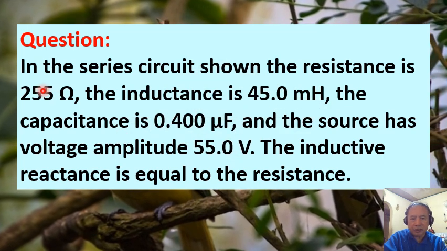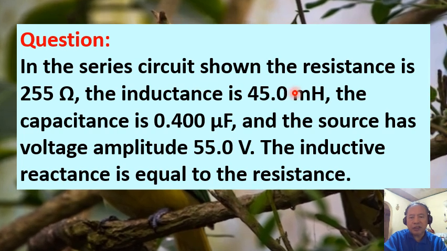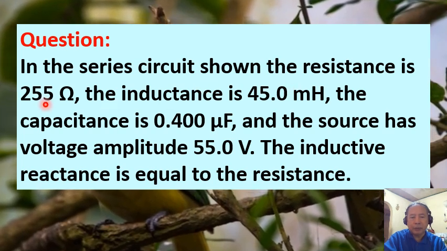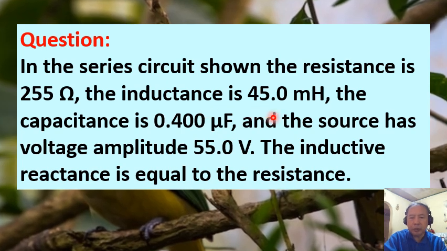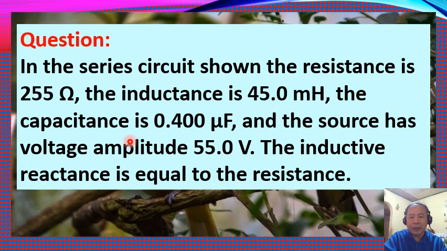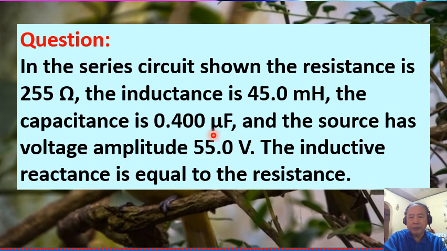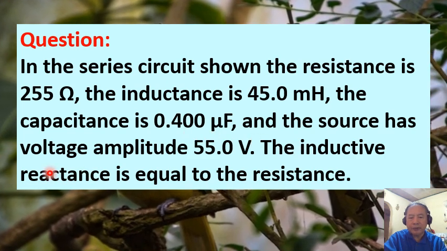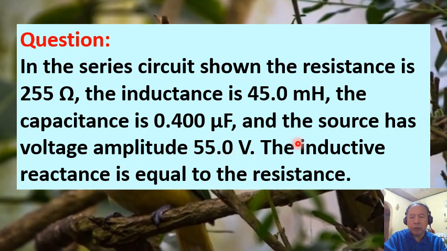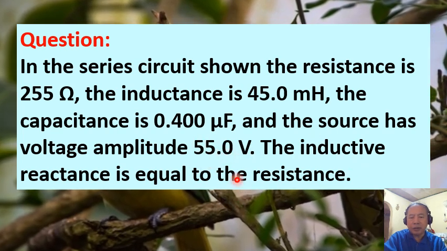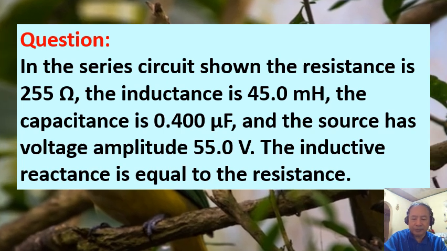The question is, in the series circuit shown, the resistance is 255 ohms. The inductance is 45.0 millihenry. The capacitance is 0.400 microfarad, and the source has voltage amplitude 55.0 volts. The inductive reactance is equal to the resistance.